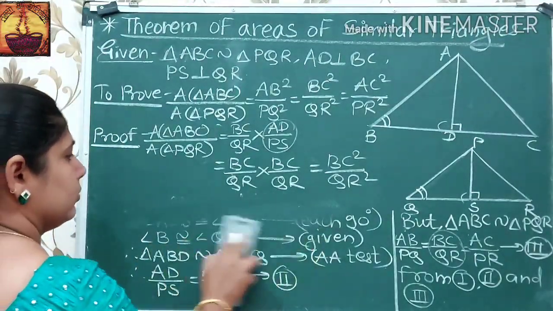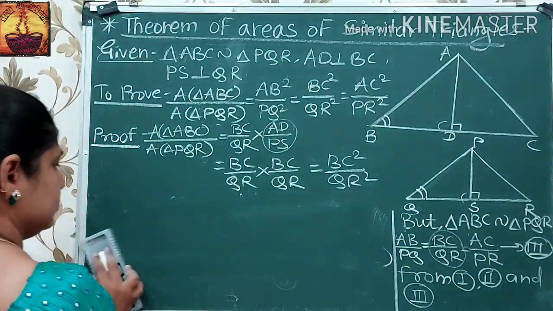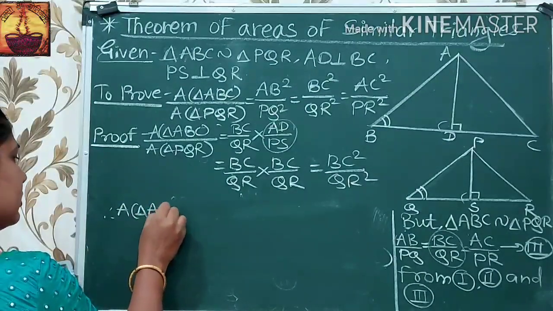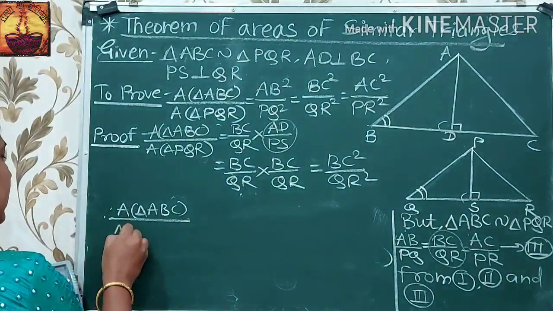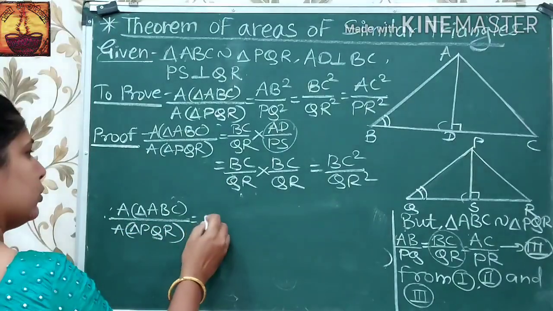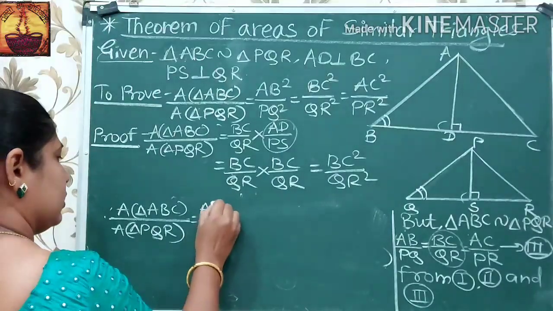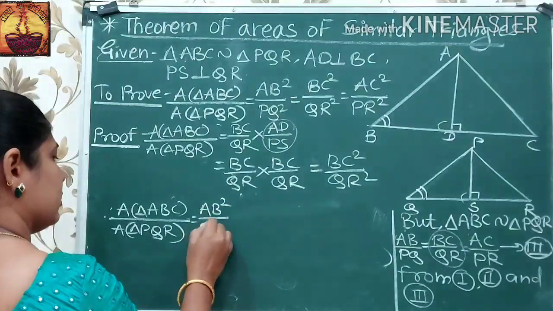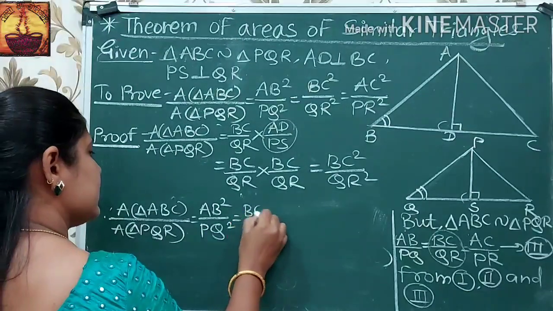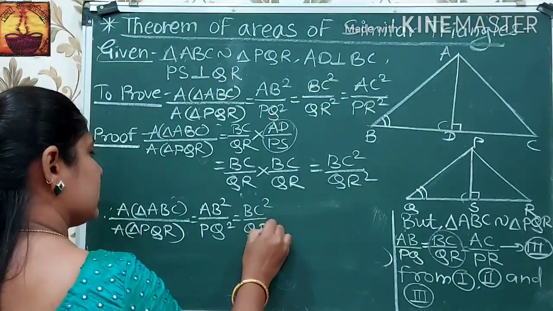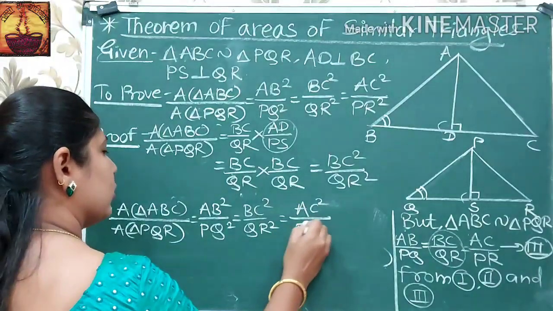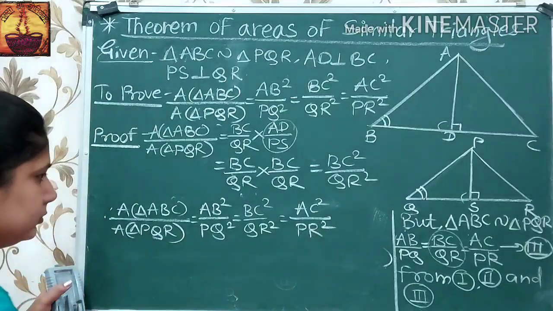Therefore, we get area of triangle ABC upon area of triangle PQR is equal to AB square upon PQ square is equal to BC square upon QR square is equal to AC square upon PR square.